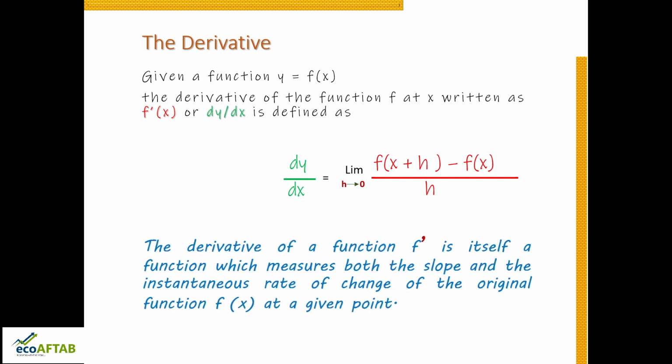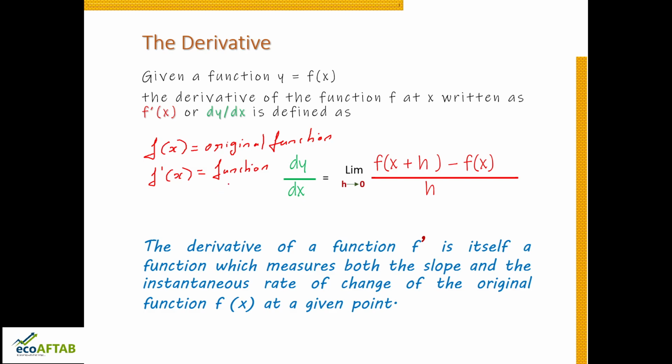Then what is a derivative? The derivative of a function, f prime, is itself a function which measures both the slope and the instantaneous rate of change of the original function f of x at a given point. So what is this definition trying to tell us? If f of x is the original function, then the derivative of this function, f prime of x, is also a function.